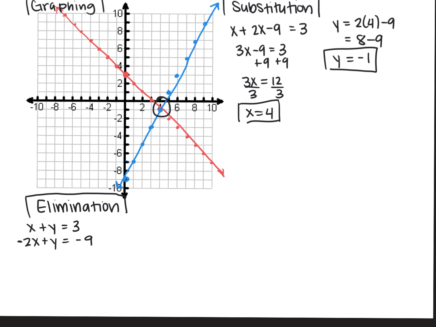So they have to be set up with x and y on the left side and the constant on the right. The idea behind elimination is, of course, eliminating a variable. Now, in order for the variables to eliminate, they have to have the same coefficient, which is the number in front, but with opposite signs. So one positive, one negative.